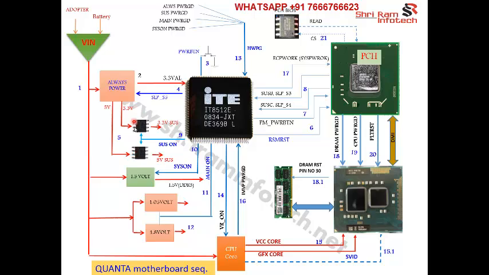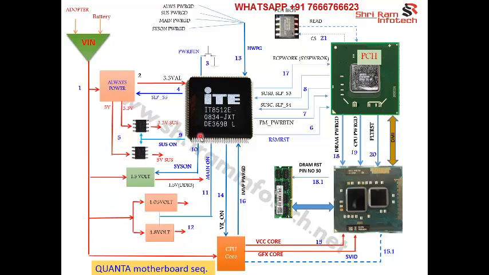Means if this terminal is a drain, when it triggers this gate, the drain voltage passes to the source. Okay, so this is step number 9.